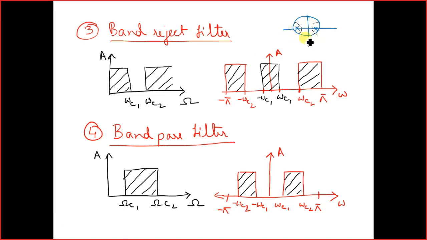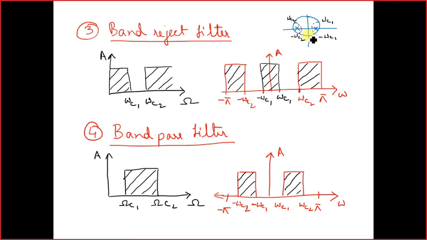So, this is omega C1, omega C2, minus omega C2, minus omega C1. You start with minus of pi to minus of omega C2, you're having a high response.